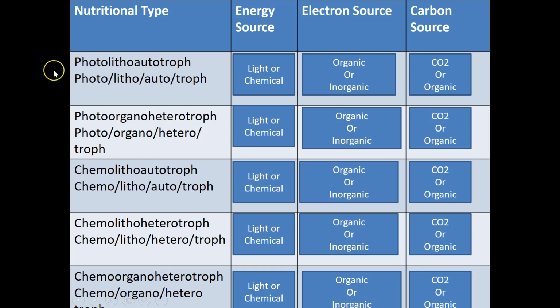So here I kept that division. Photo, litho, auto, trophic. Photo tells us energy, so that energy is either light or chemical. If it's photo, we know that means light. These are easy terms. Now, which way does my table go, because I didn't number it? I think I go across, which would make sense. Let's hope.